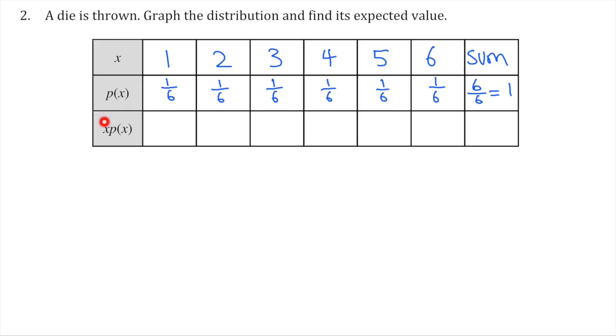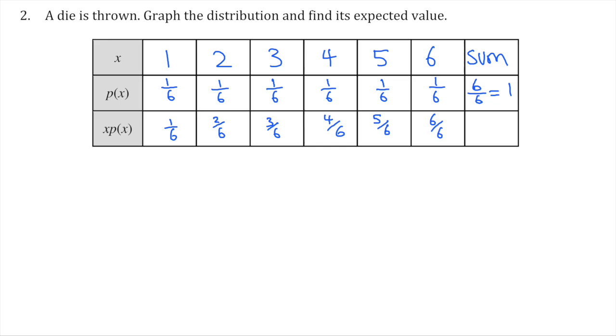Now I have to look at this, x times P of x. 1 times 1/6 is 1/6. 2 times 1/6, 2/6. 3 times 1/6, 3/6. So I'm multiplying and writing the answers underneath. 4 times 1/6, 4/6. 5 times 1/6, 5/6. 6 times 1/6, 6/6.